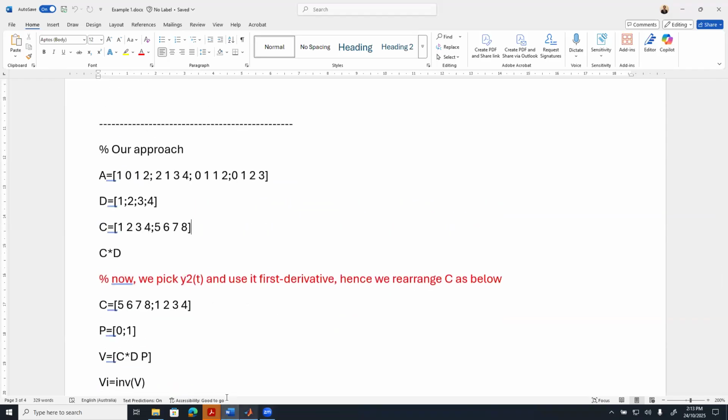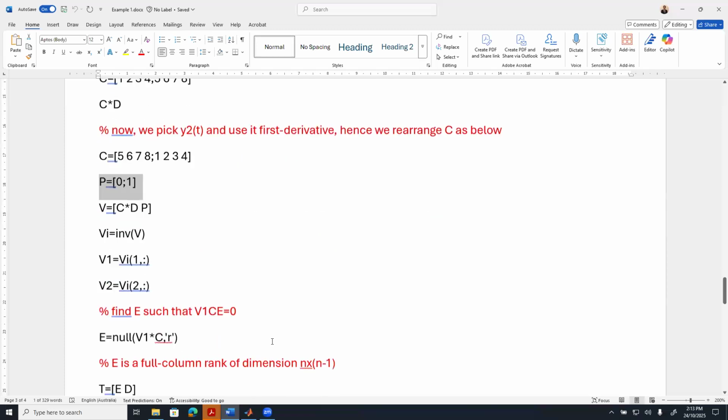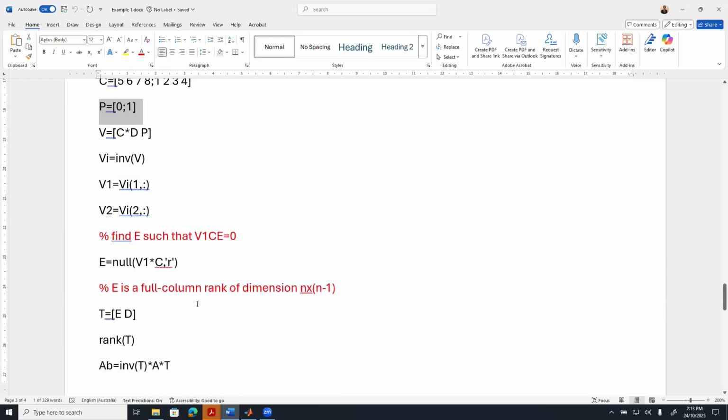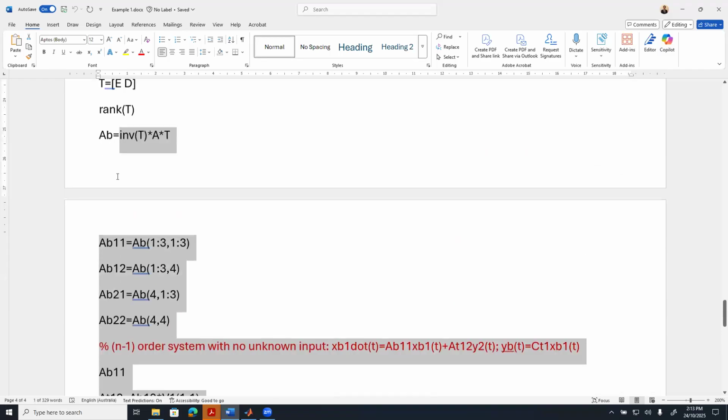Now, when we look at the way we did it here, we just simply rearrange the matrix C. We make the second row become the first row, and the first row becomes the second row. And then we select the P matrix according to that special structure, and then we obtain submatrices V1, V2, and then we obtain the matrix E by taking the null space of V1C, and then the rest of the decomposition can be done.